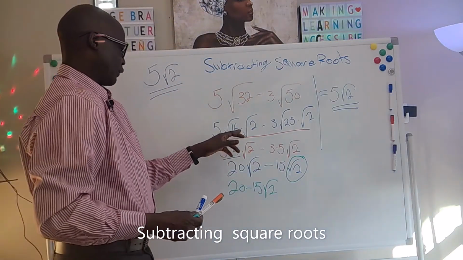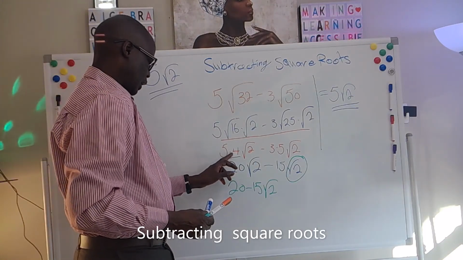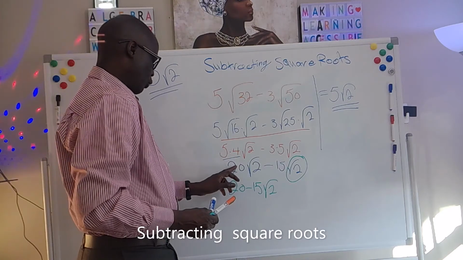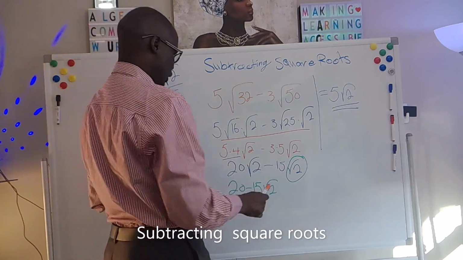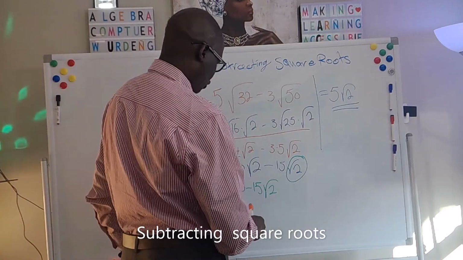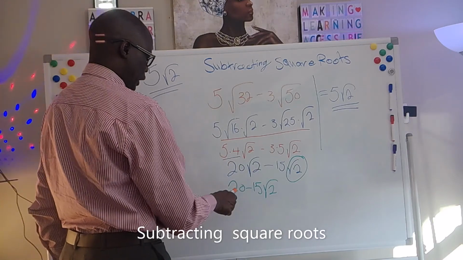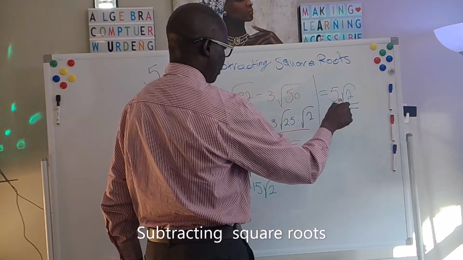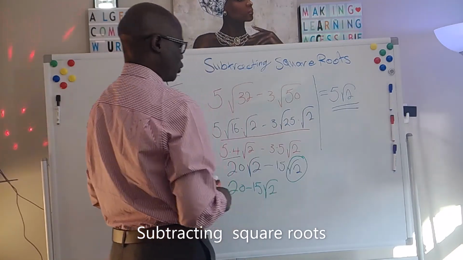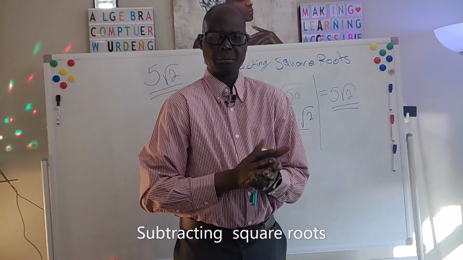And we take the square root of 16 out, and we have 5 times 4 equal 20 times the square root of 2 minus 15 times the square root of 2. We subtract 15 from 20, we are left with 5, and that's why it's equal to 5 times the square root of 2. If you have a question, let me know.